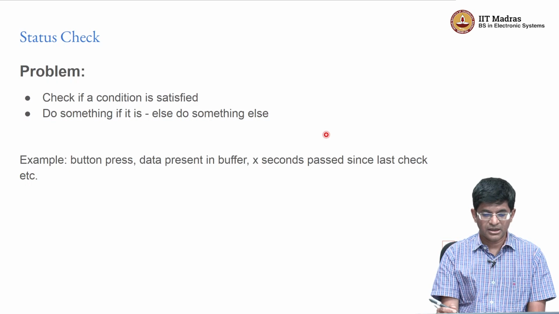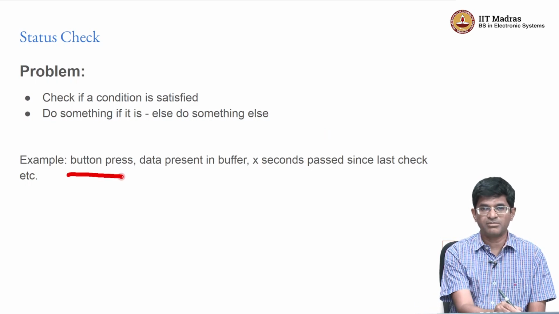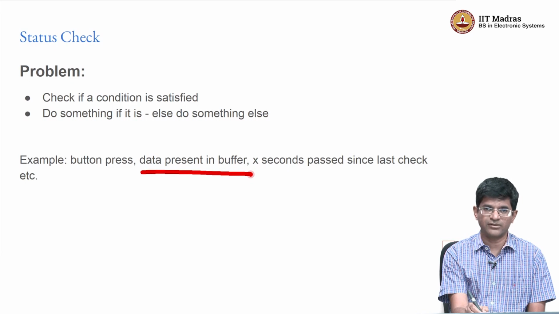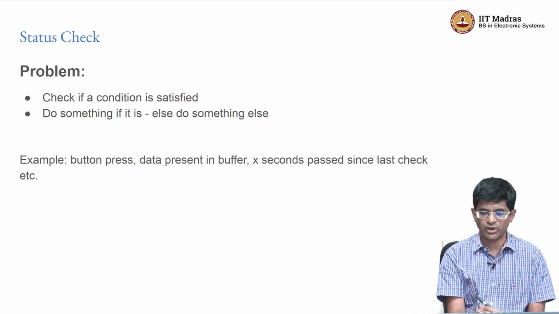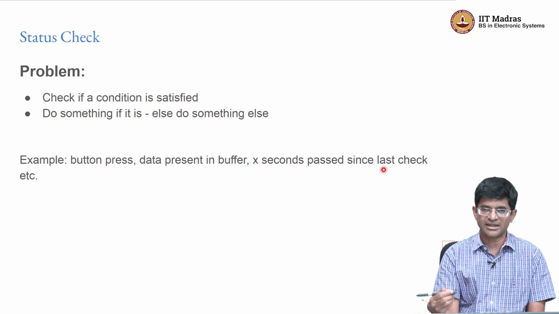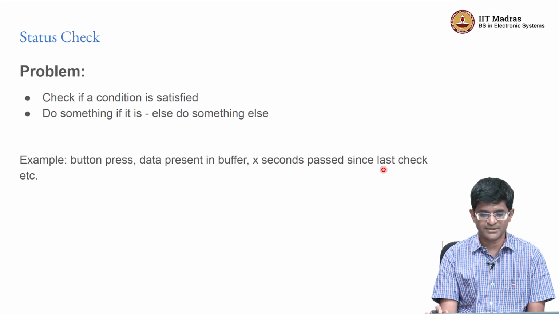An example could be, has a button been pressed, or is there data present in a buffer when you are trying to receive from some kind of a communications device, or has a certain amount of time passed since the last time I checked something. Each of these is a condition. It could be expressed as a flag, it could be expressed as some kind of a register setting, it could be expressed in multiple different ways within the context of an embedded system.